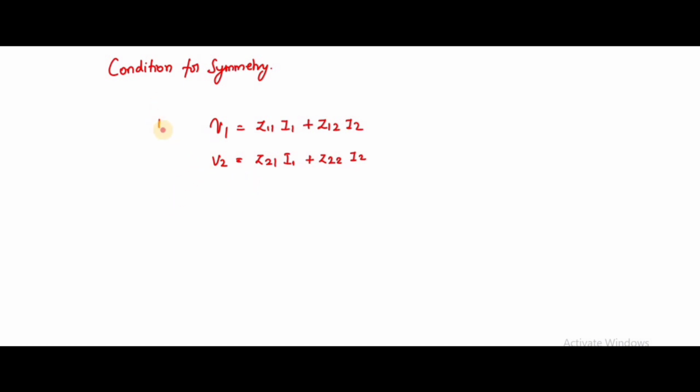And V2 by I2 is equal to Z2. Okay, so now you can equate these two equations. If you equate these two equations, you will get the answer as Z1 is equal to Z2. So that is a condition for the symmetry.